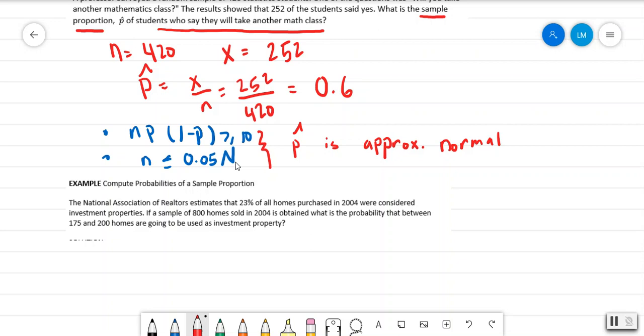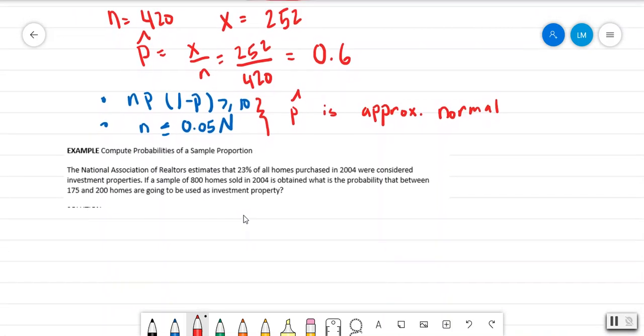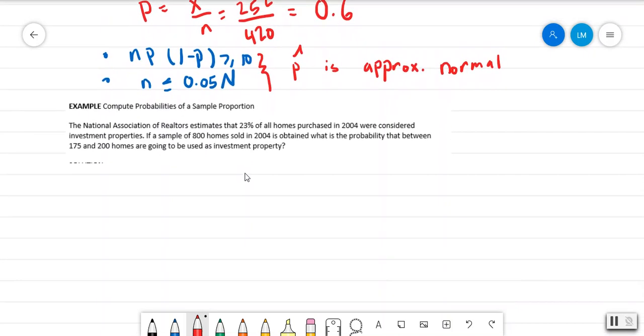So more or less, these are just the conditions that must be applied. If not, then we would say that p hat, the sample proportion, is not approximately normal.